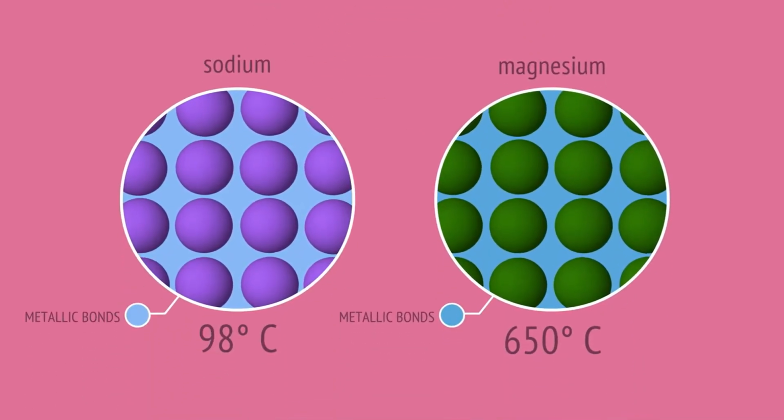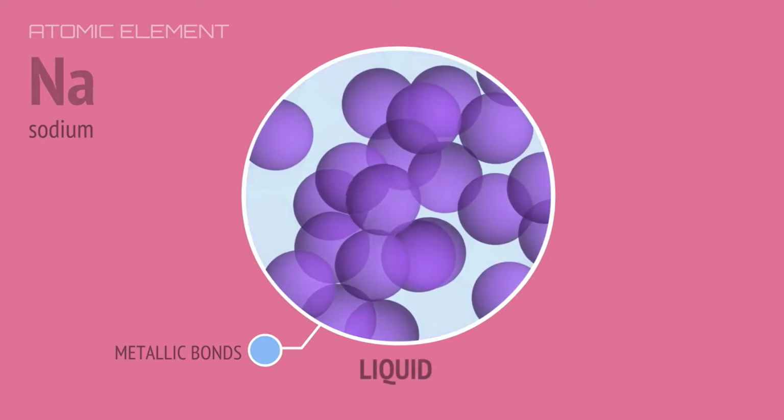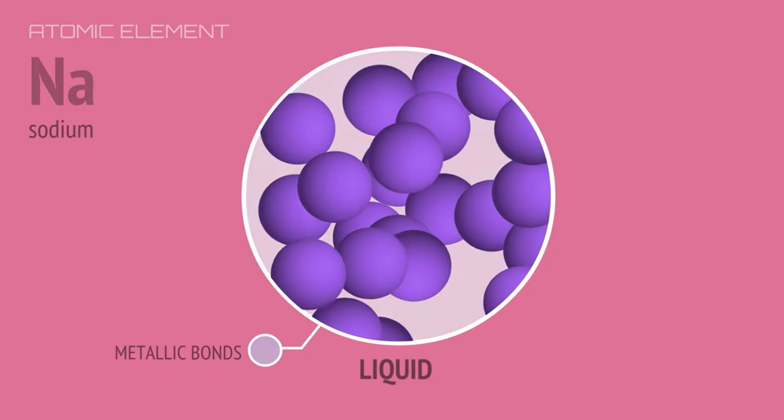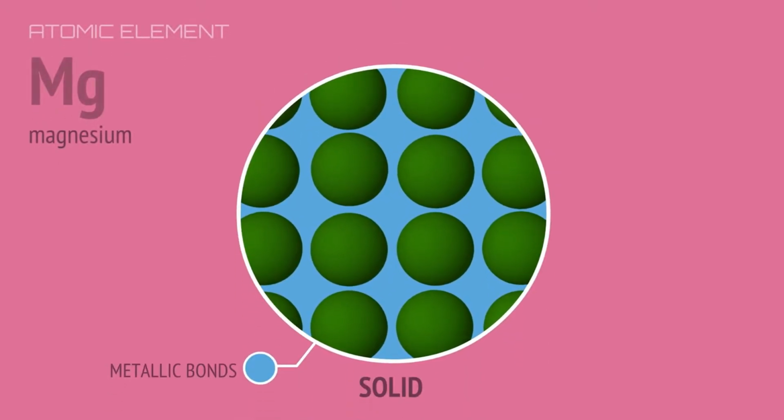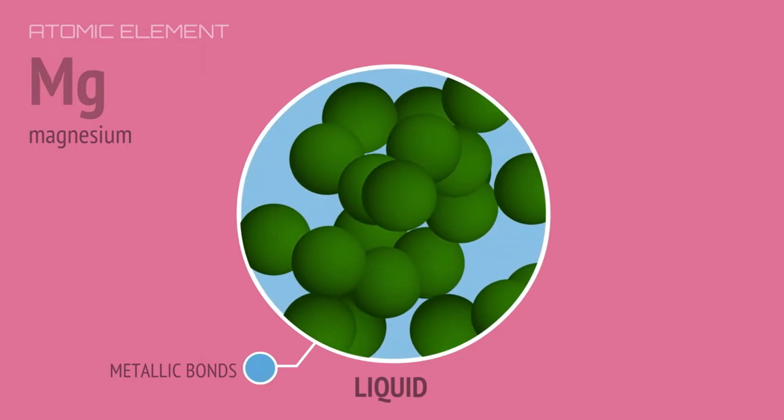The melting points of different metals vary widely. Metals with higher melting points have stronger metallic bonds. Sodium metal only needs to reach 98 degrees Celsius to overcome the metallic bonds sufficiently to enter the liquid phase, while magnesium, with stronger metallic bonding, needs to reach 650 degrees Celsius to overcome its metallic bonds.